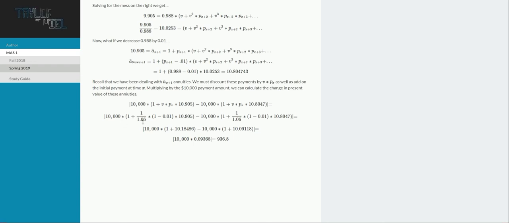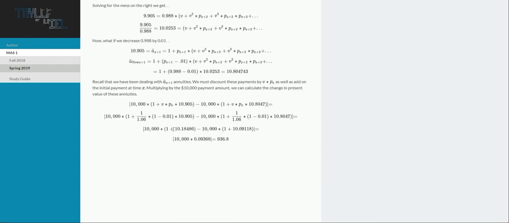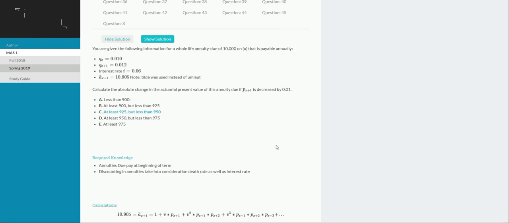The discount rate assumed a 6% interest rate, so it's 1 over 1 plus that interest rate. And we have a death rate of 1% in that first year, so we know the survival rate is 99%. Solving all this, we get 936.8, and scrolling up, we see that's answer C.